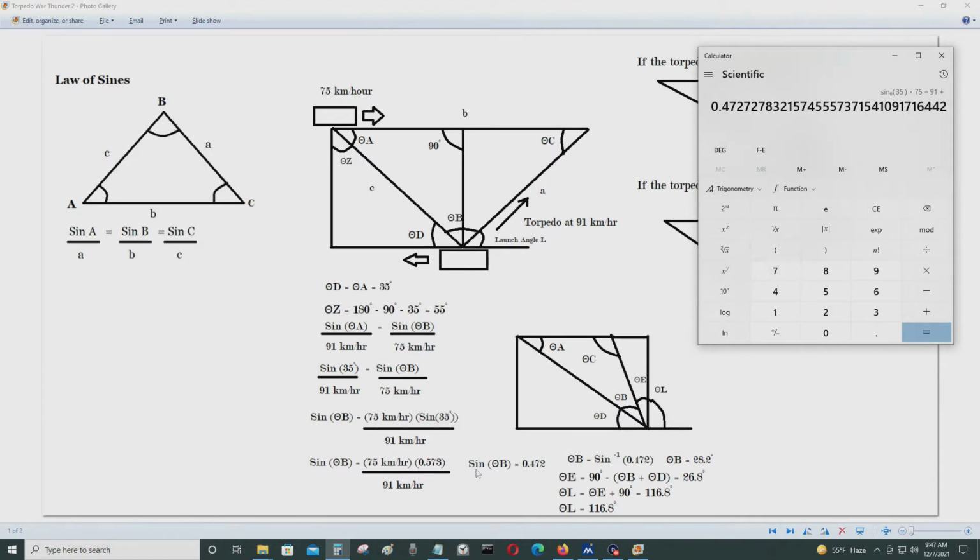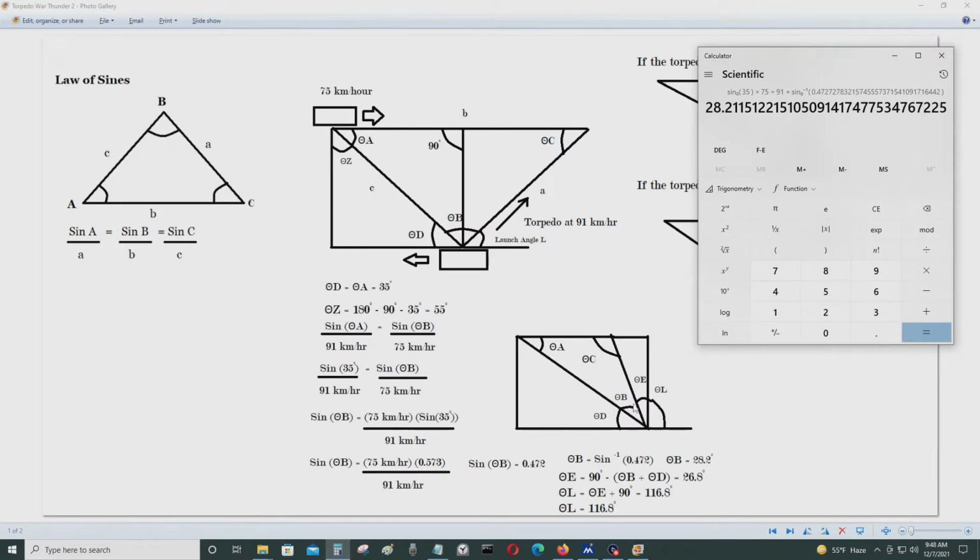So we solve for the inverse sine of that. This is the number that we got. We use inverse sine to solve for this. So that's 28.2 degrees for theta B, which is right here.